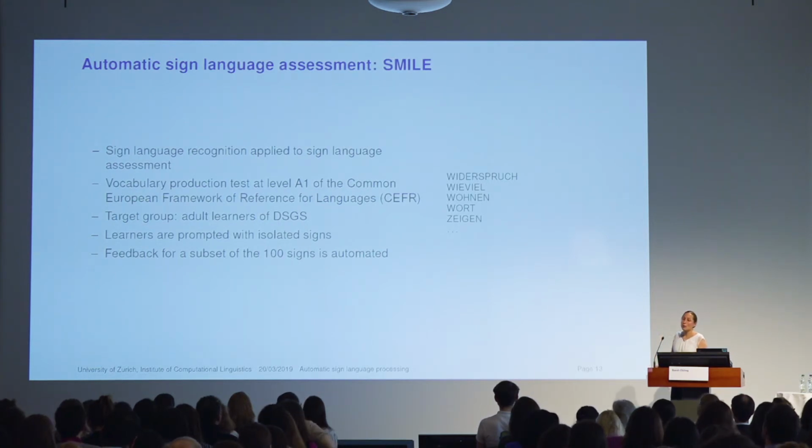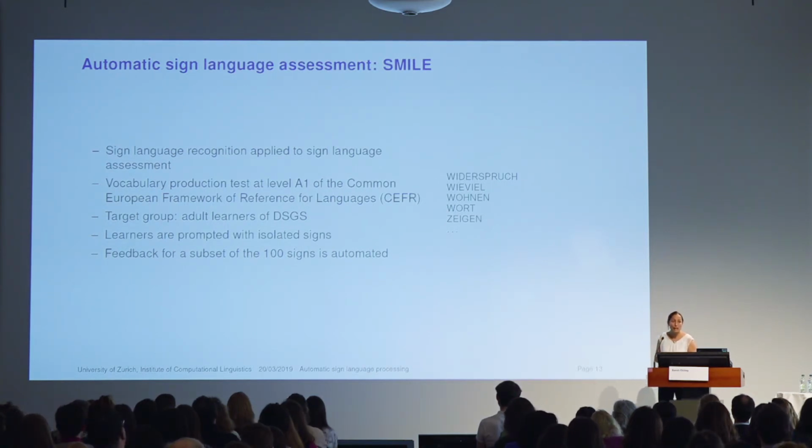What we created, as a prototype that came out of the project, was a system that developed a vocabulary production test for hearing adult learners of Swiss German Sign Language, where the learners are expected to produce 100 isolated signs, and feedback for the production of these 100 signs comes from an automatic system.